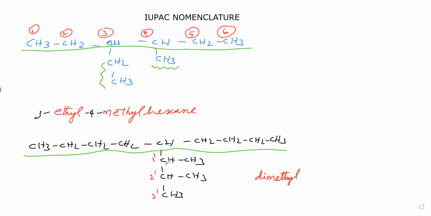Then here 3 carbon atoms are there. 3 carbon atoms means propyl. Next, this methyl group position 1 dash, this methyl group position 2 dash. This complex substituent is acting as a branch, which we have written in the brackets.